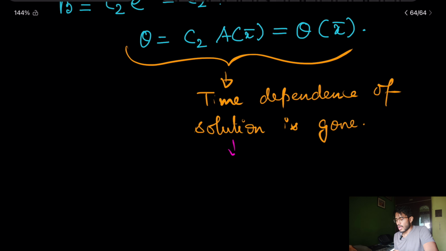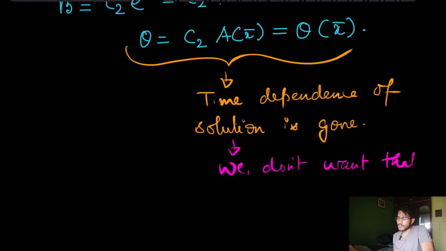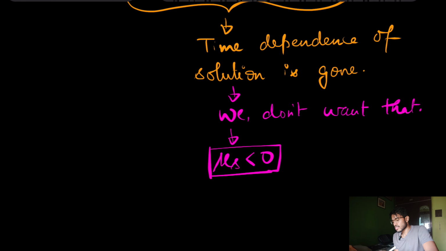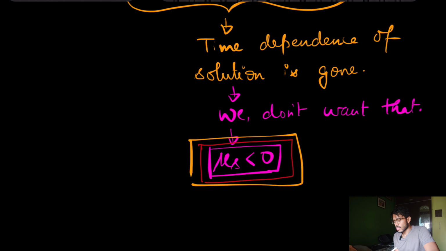And we don't want that. So now clearly that means mu s is less than 0. This is our conclusion. This is a very important conclusion. I am highlighting it with 3 separate colors. This is a very important conclusion.